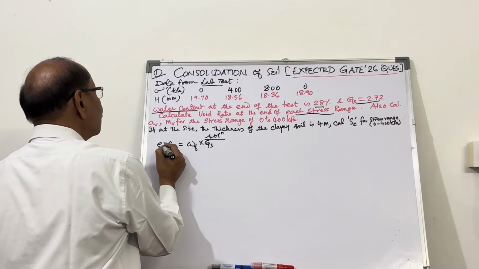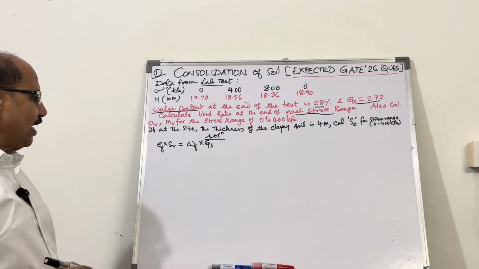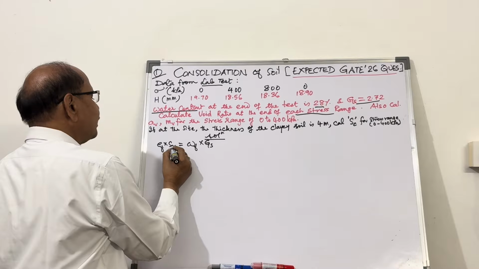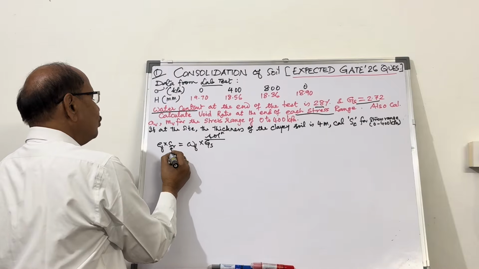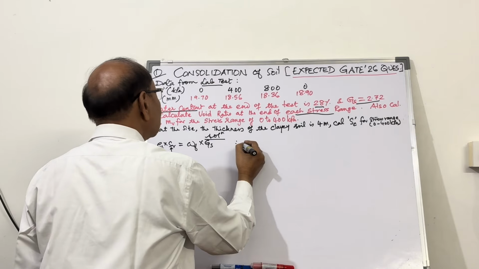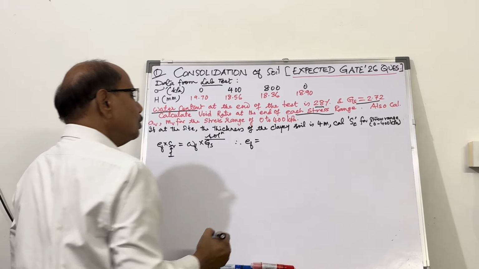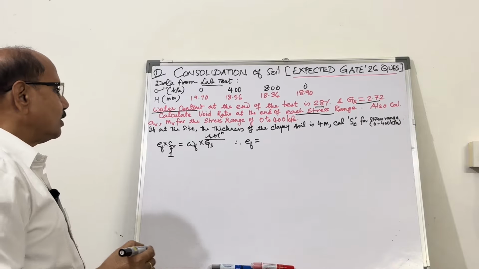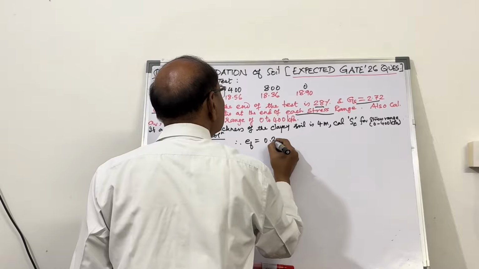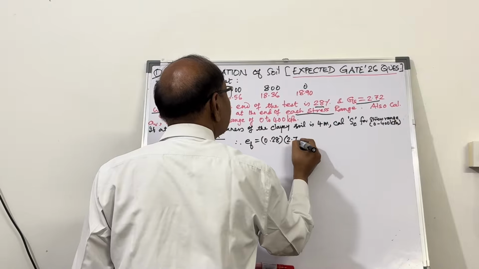So this becomes the final void ratio, EF into SR. Because the sample is fully saturated clay, the value of SR becomes 1, and therefore the final void ratio you can calculate as 0.28 multiplied by 2.72.